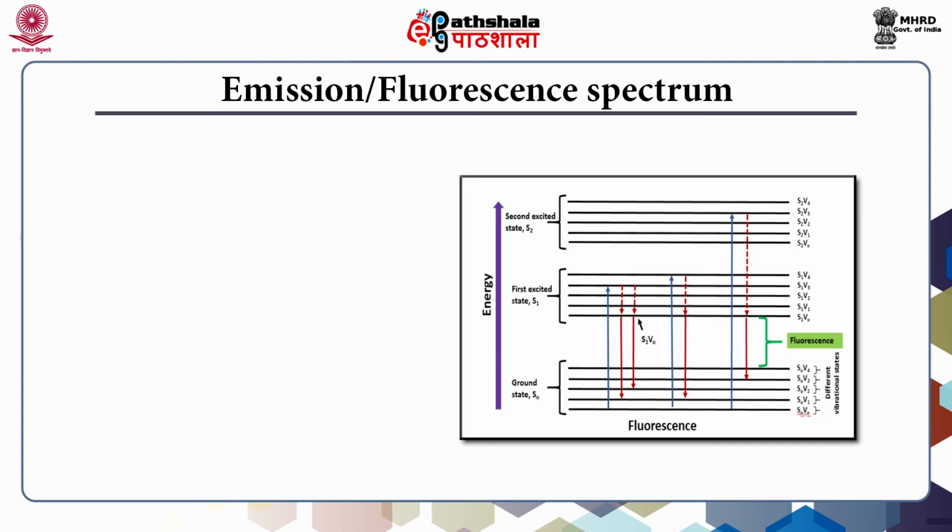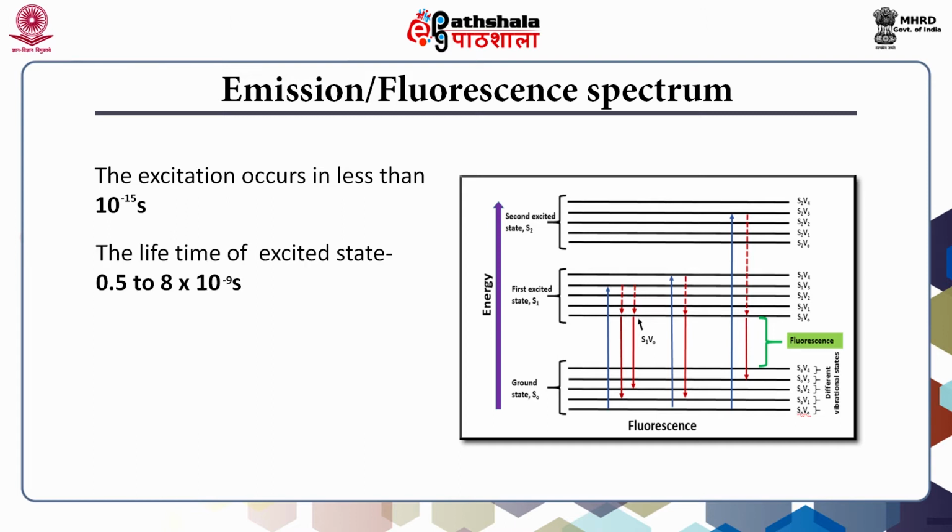Electrons are elevated to the high energy excitation states S1, S2, etc. by the absorption of photons provided by the electromagnetic radiation. The excitation occurs in less than 10 to the power minus 15 seconds. The lifetime of the excited state is very short, ranging from 0.5 to 8 nanoseconds.